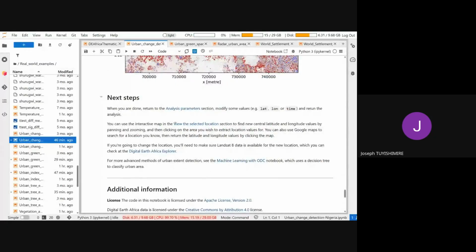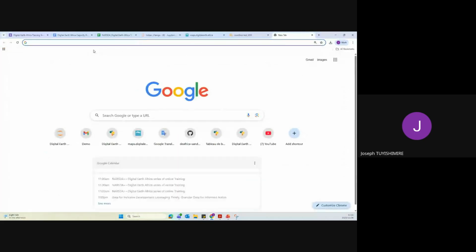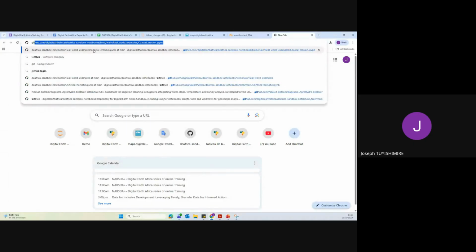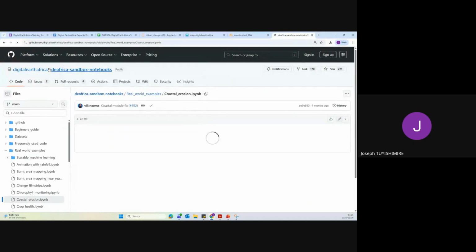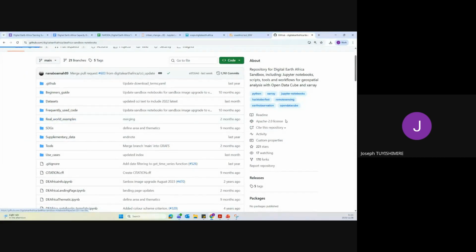This notebook is freely available, and you can use it not only in our sandbox, but also, for those who are familiar with GitHub, you can go to the DE Africa GitHub repository, and then go to the real world examples.